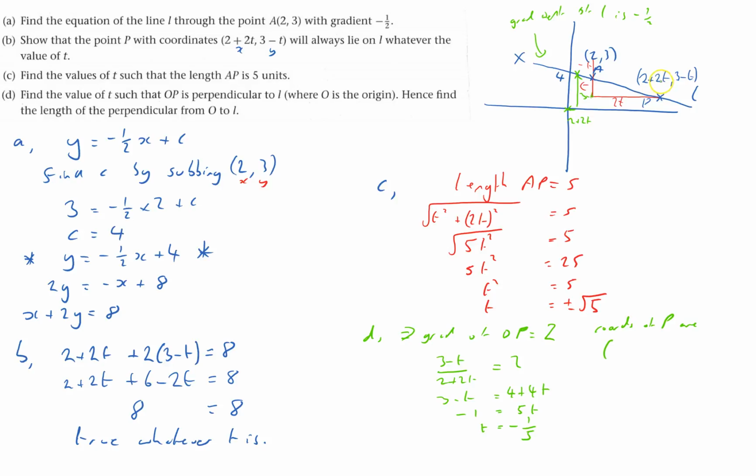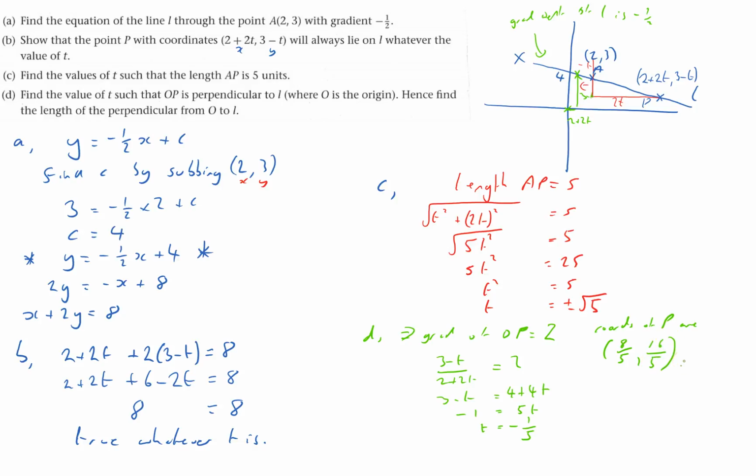So the coordinates of P are 2 plus 2t, so it's 2 plus minus 2/5 basically, which is 8/5, and the y thing is 3 minus t, so it's 3 minus 1/5, so it'll be 3 and 1/5, which is 16/5.